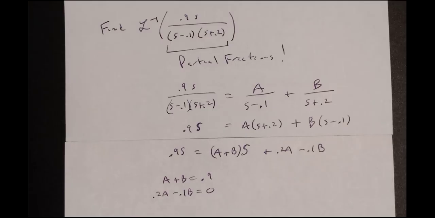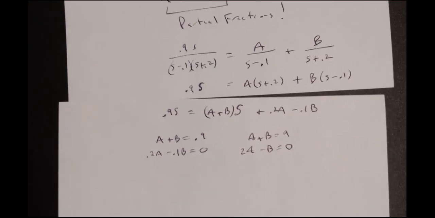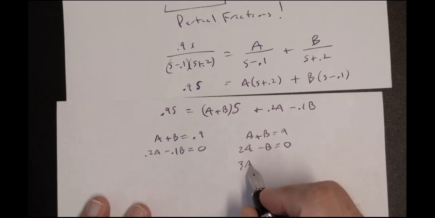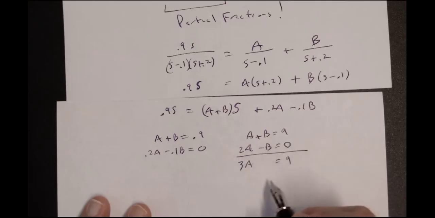You know what? I'm going to multiply that bottom equation by 10. 2A minus B equals 0, because 0 times 10 is still 0. And then when I add, I get 3A equals 9. So I get A is 3.